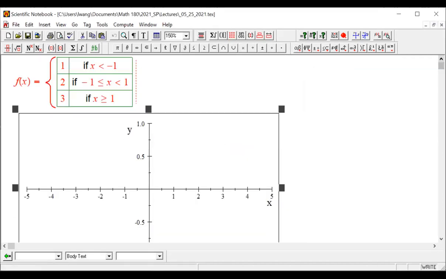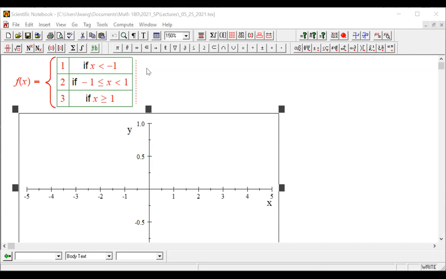One interval is less than -1. I'm going to use the color blue. Less than -1, not including -1.